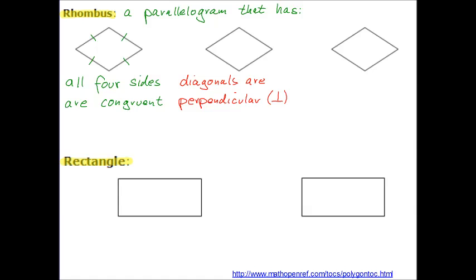Also, all diagonals are perpendicular. So if I put my diagonals into my diagram, they cross each other at a 90-degree angle. They are perpendicular. And lastly, each diagonal bisects the opposite angles.